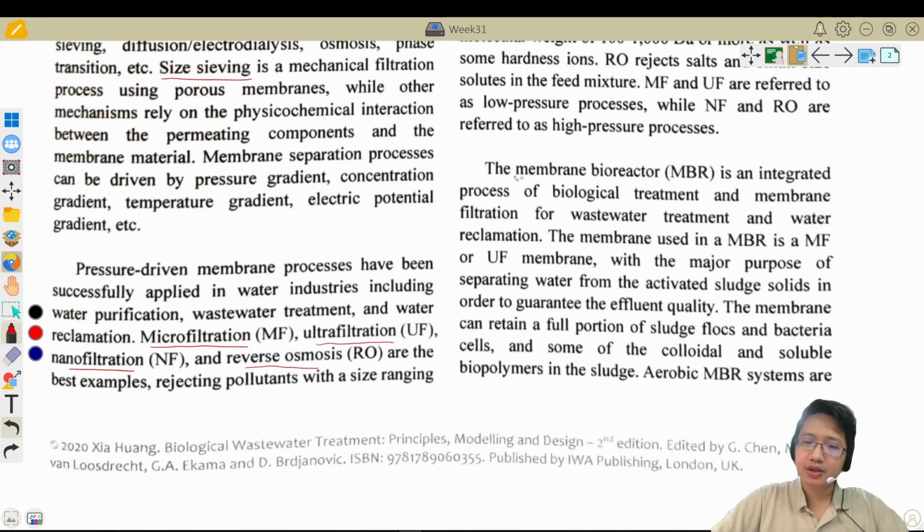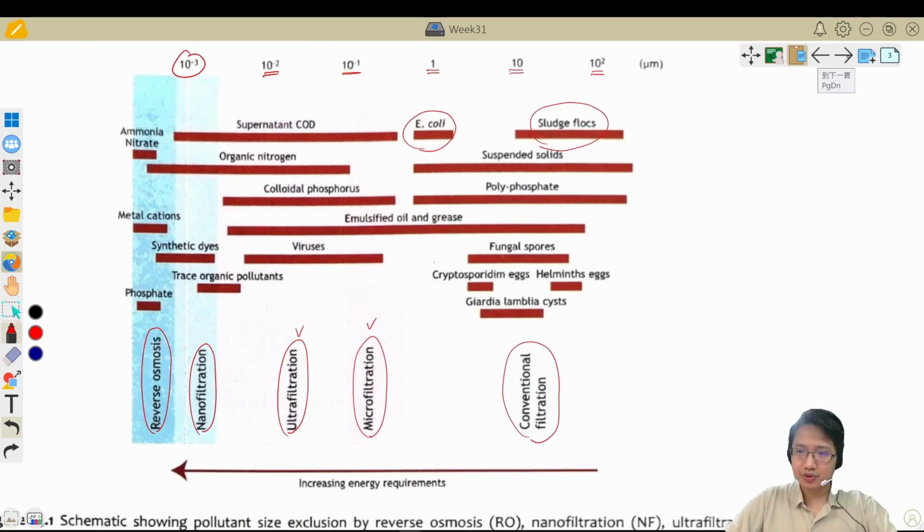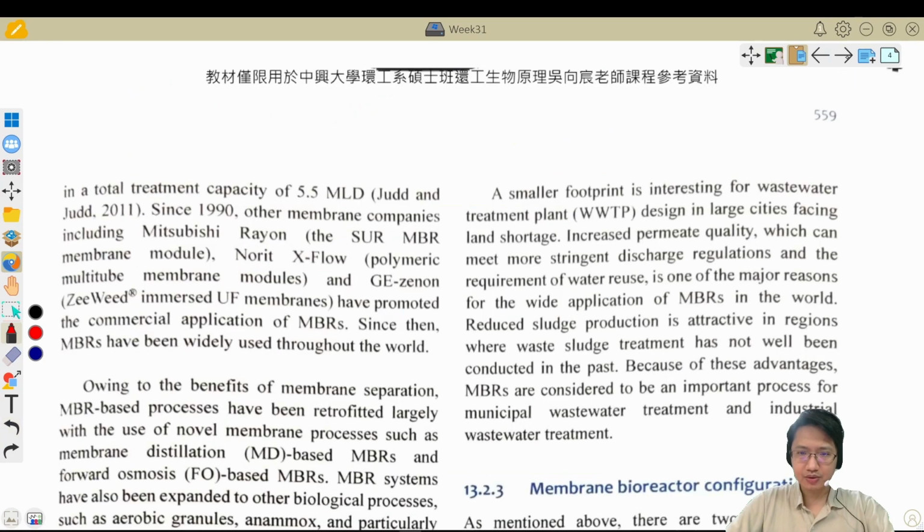So basically, if you are going to use membrane bioreactors, most of the time we use the MF and UF membranes, which will give you higher permeate flux and also better separation efficiency. Let's move to the next page here.